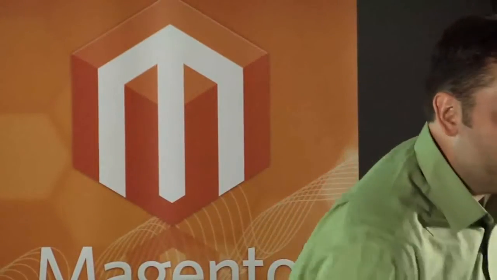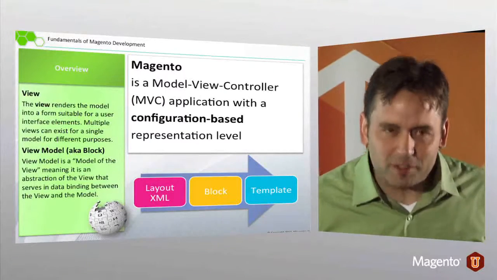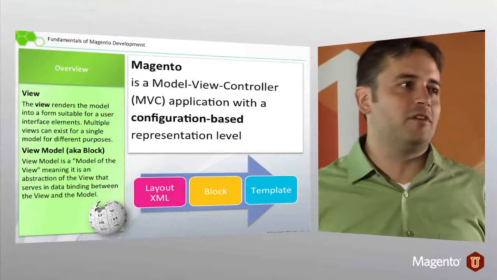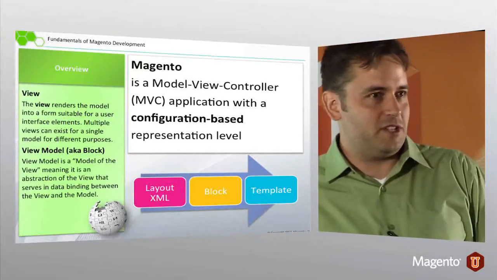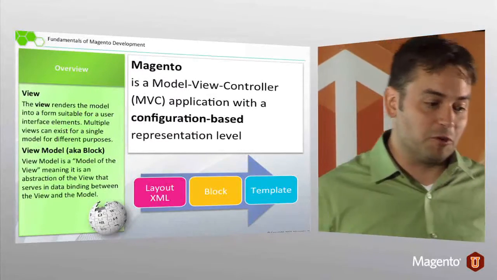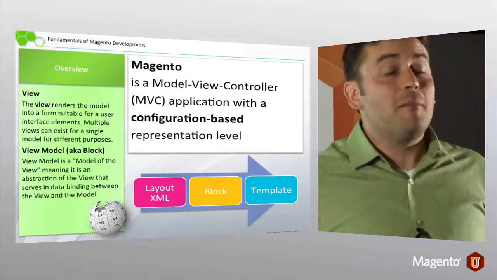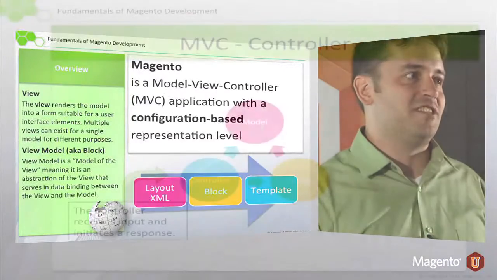I used to really just think, I don't understand which layout files I should put this in. It's not an intuitive system when you first look at it, but once you get to know it, it is actually incredibly powerful. It is my favorite part of Magento's MVC implementation. Hopefully by the end of this course, you really should understand layout XML.